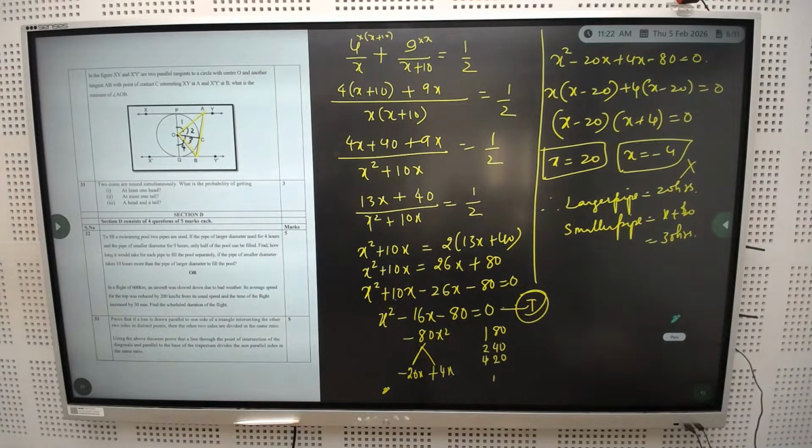After this, will you do it now, tell me what is the D value? Same question, nature of roots. 576. Is it a perfect square? 24, right. So the nature of roots method you can apply.